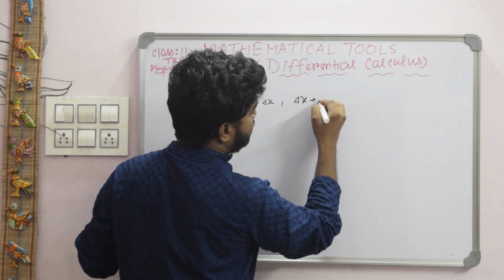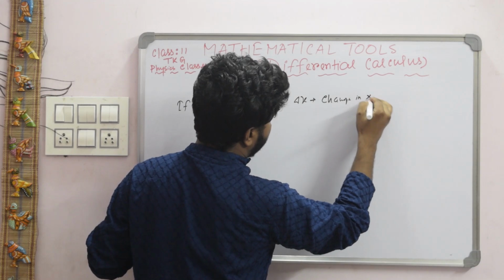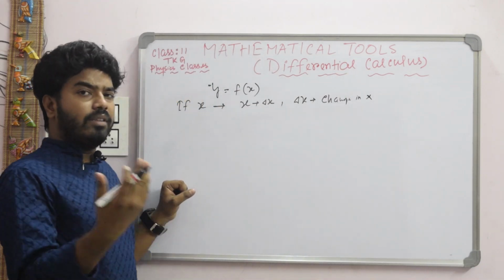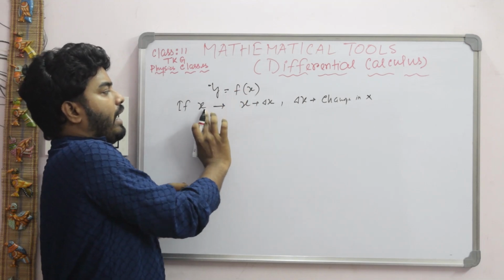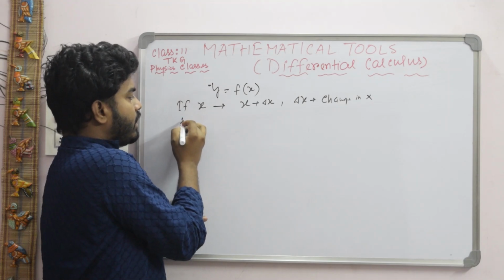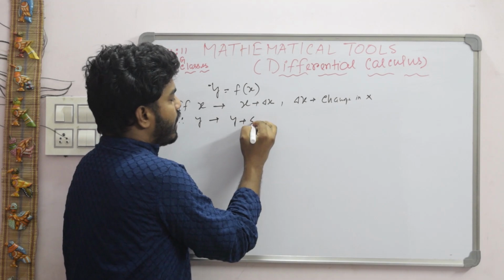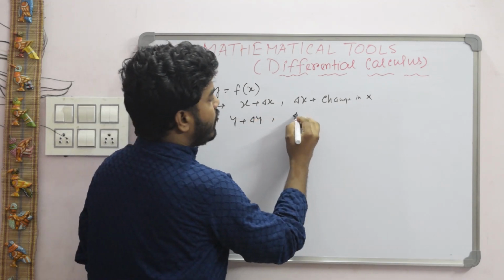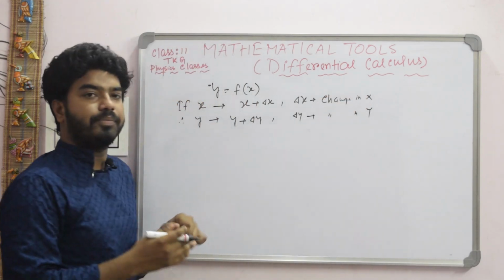Del x is the change in x. Then since y is a function of x, when x changes to x plus del x, similarly y changes to y plus del y. Here del y represents the change in y.